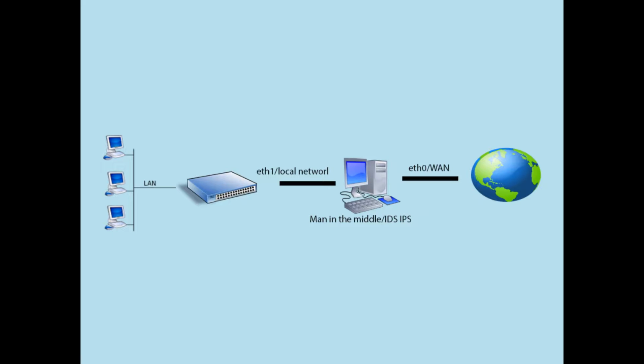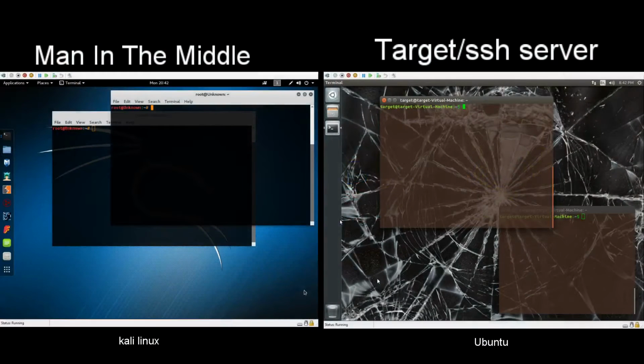So let's imagine, if you will, an SSH connection that we might make between two machines. Here we have a Kali Linux distribution and also a standard Ubuntu distribution with SSH server installed.